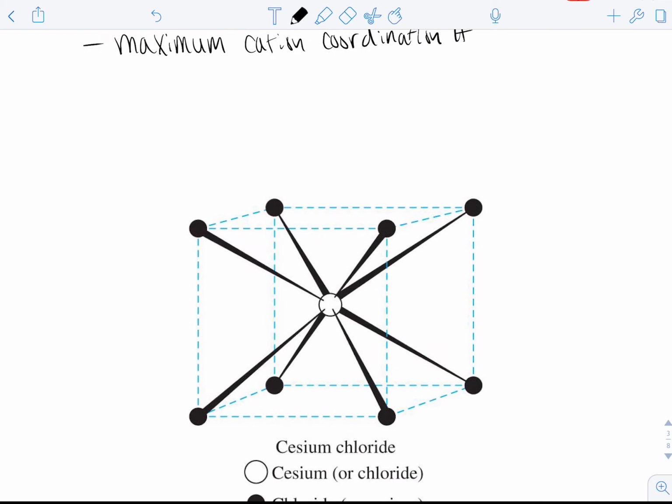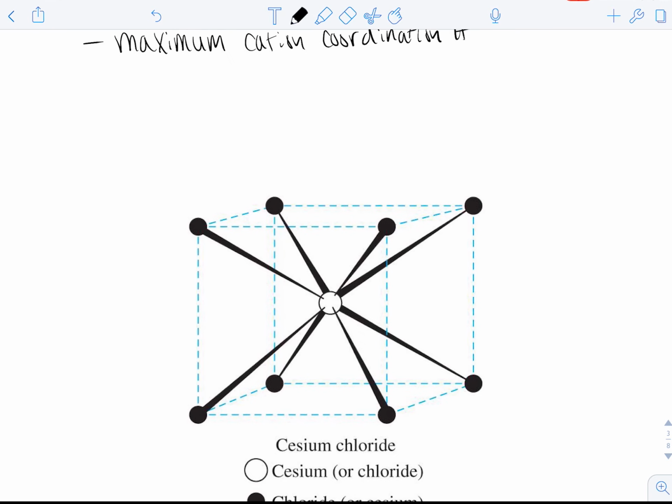As we can see here, our cubic hole, which is right here, is when we have a cation in the middle of a primitive cubic arrangement of anions.